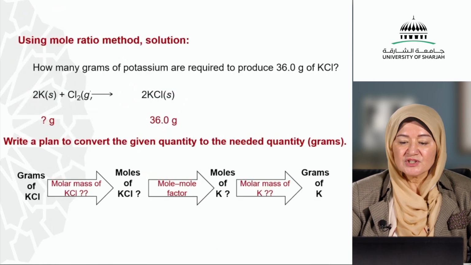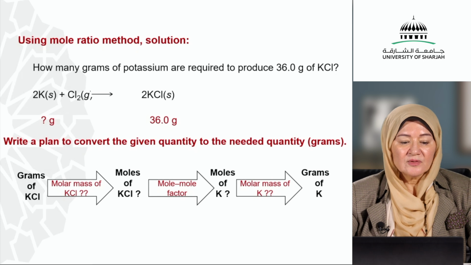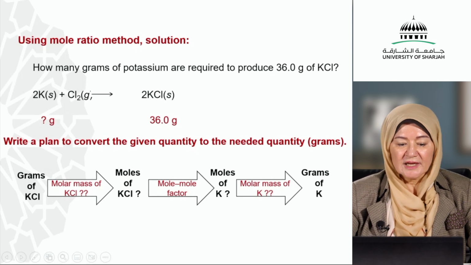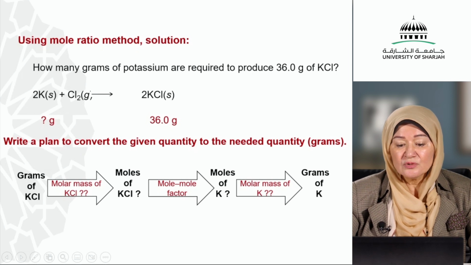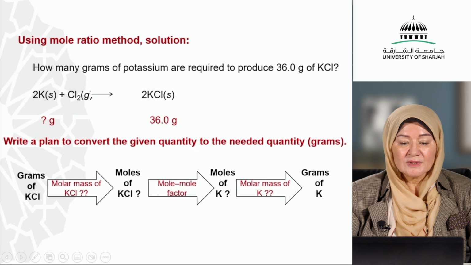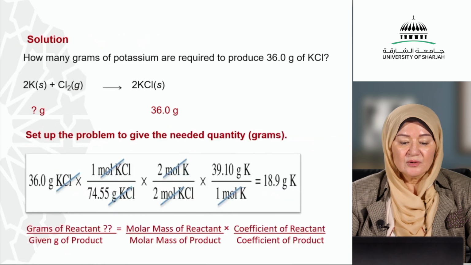Here I'm just stressing again this problem, that you should get the molar mass of each. At the same time, if you want to use the mole factor, look at what I have done for you here.